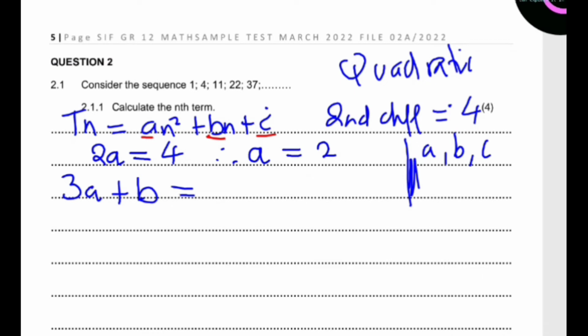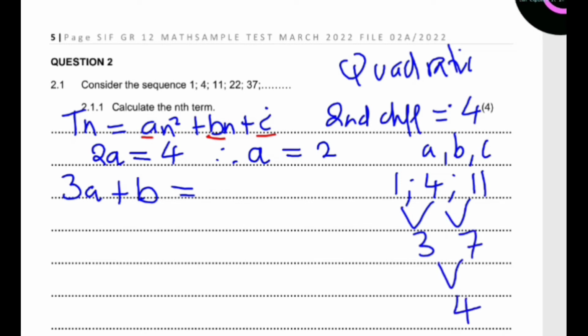So we know that from 1 to 4 to 11, the first difference is 3, and then the first difference is 7. That's how we ended up with the 4. Okay, so 3a plus b is equal to 3.